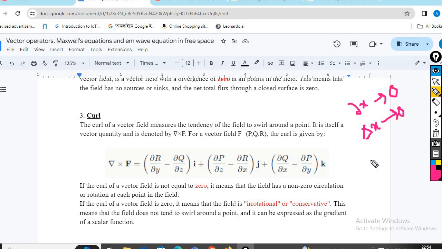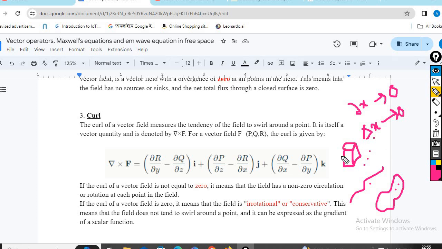The system may be one-dimensional, two-dimensional, or three-dimensional. You can think about dx in one dimension, dx dy in two dimensions, dx dy dz in three dimensions. So all the elementary components must be very, very small.